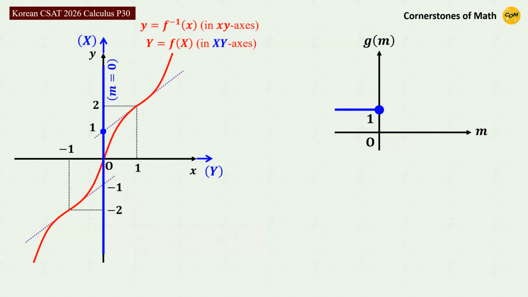Now, what will happen to the number of intersection points if the slope increases from here? Well, this is the case where the slope is increased by a slight amount. How many intersection points are there? Well, we have intersection points here, here, and that's it?